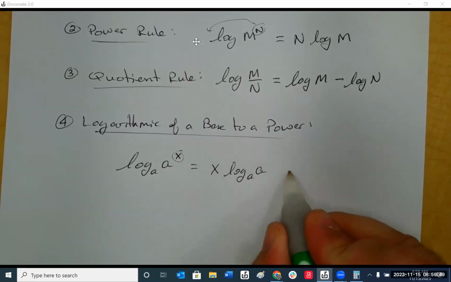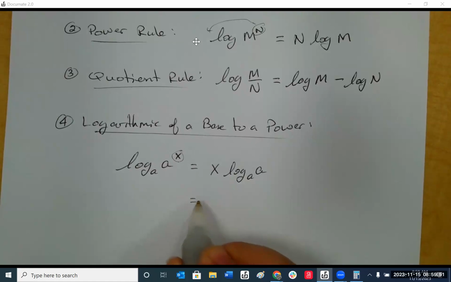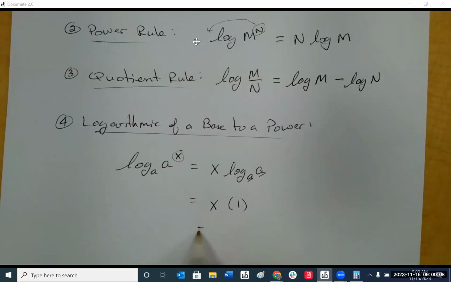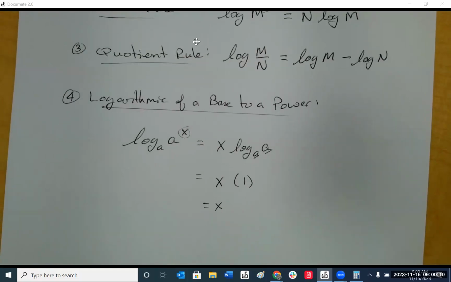And an earlier rule, what is log base a of a? If you have the same base as the operation, what does it become? 1. So if you have the log base a of a to a power x, it just becomes x.